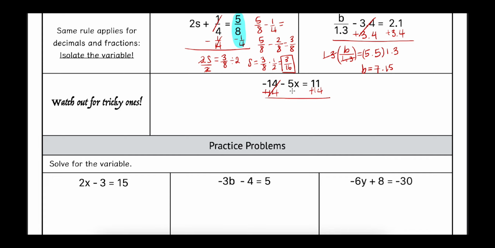Now this question is tricky because normally the variable comes first and then plus or minus a number. In this case, it's flip-flopped. The number came first and then the variable. So here we get negative 5x is equal to 25. And you divide by negative 5 on both sides, and your answer is negative 5.